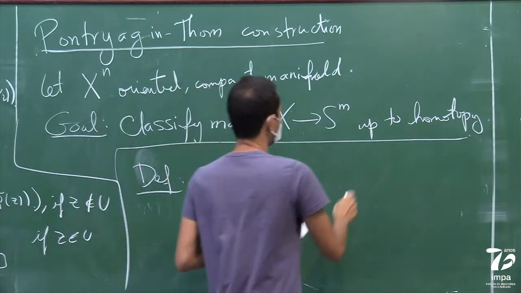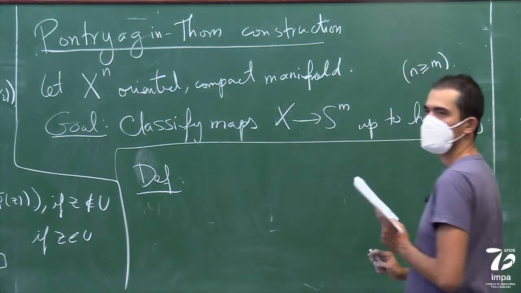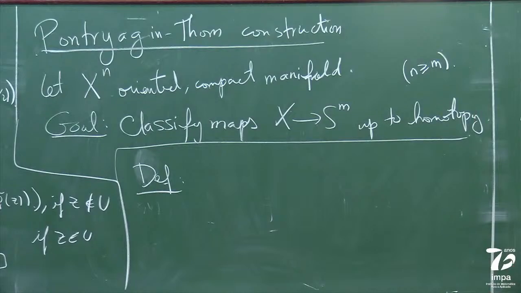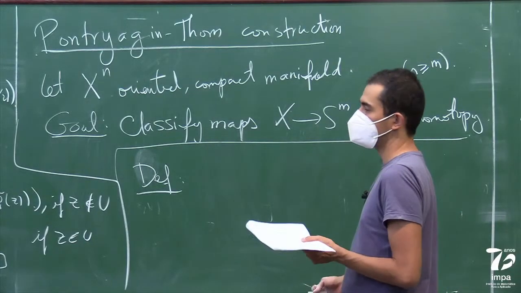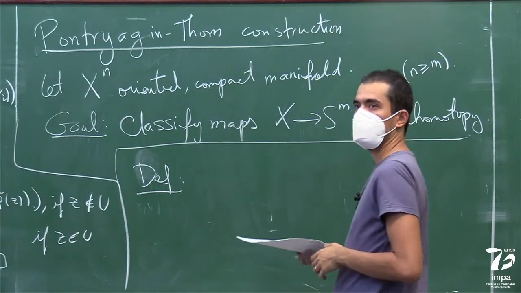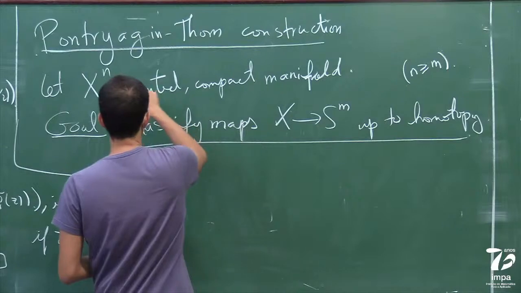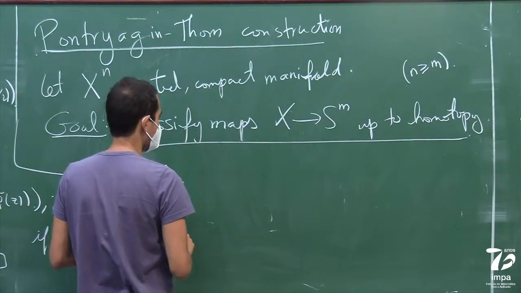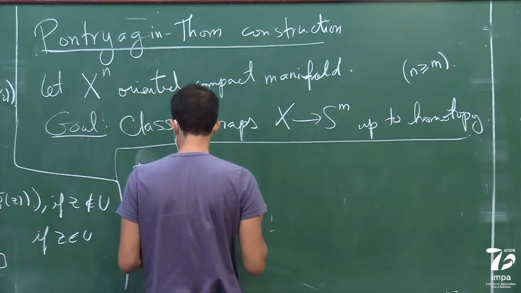And of course, I'm only really interested in the case n greater than or equal to m. If I have the other case, if f is not surjective, then f is homotopic to a constant. The other situation is not that interesting. So we want the dimension of X to be at least the dimension of the sphere.